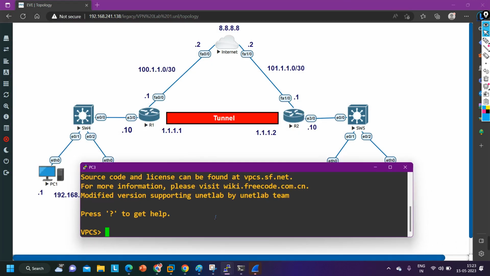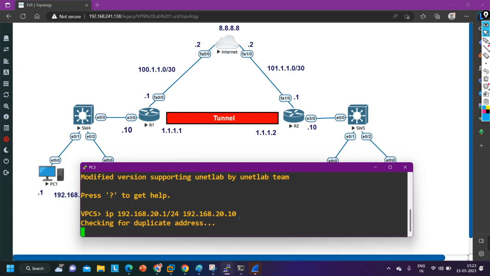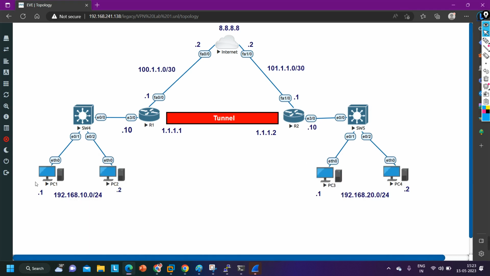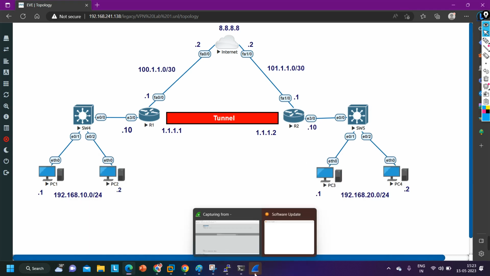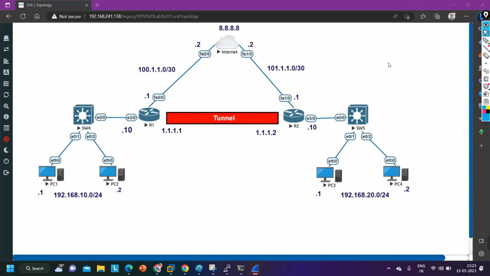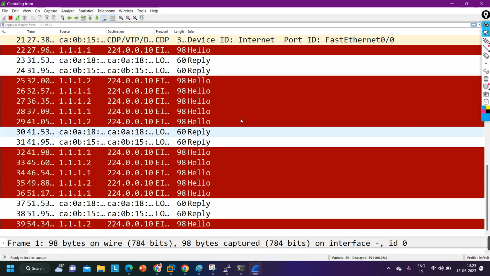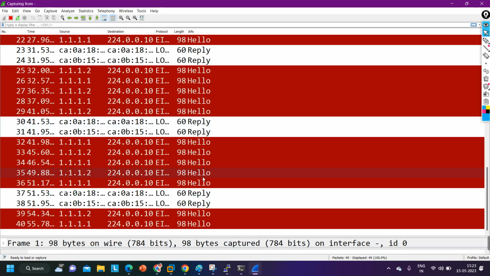Here also I am going to set the IP: 192.168.20.1/24, and the gateway is 192.168.20.10. Done. I have configured the IP address on both PC1 and PC3. Now I have started capturing.